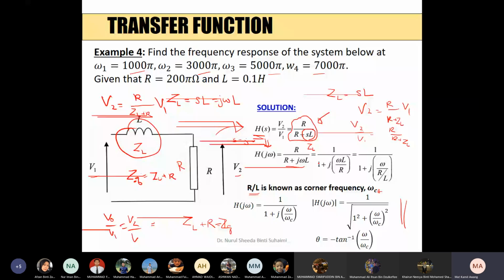What is the formula? Basically for that one is 1 over square root of 1 squared plus 3 over 2 squared. Then you get this 0.55 here.